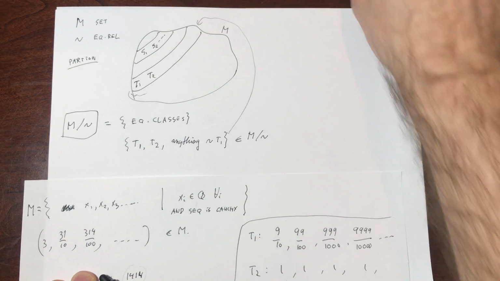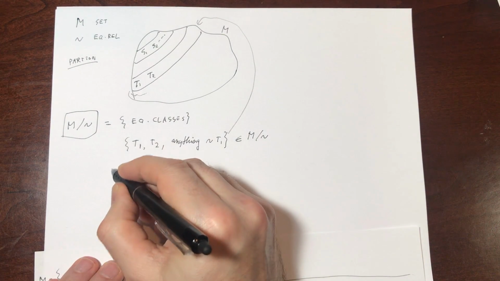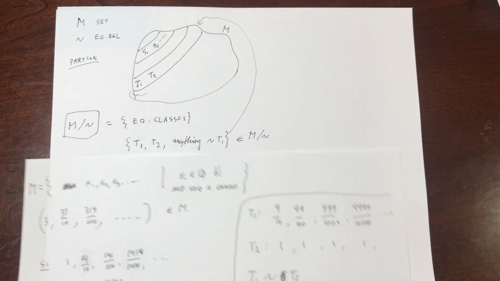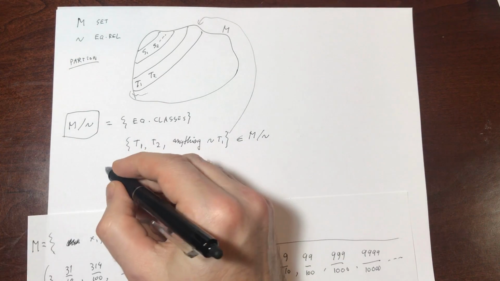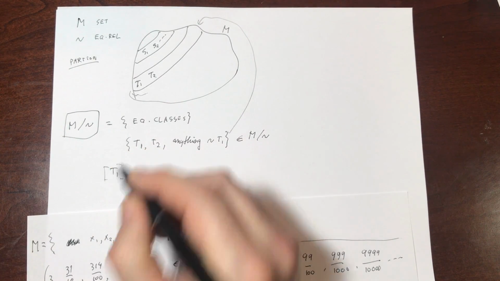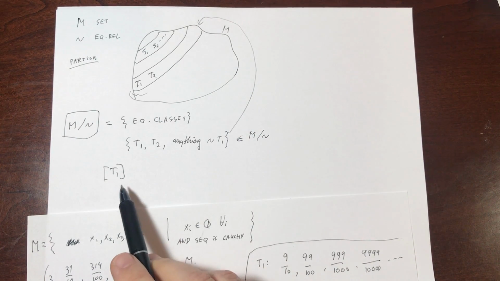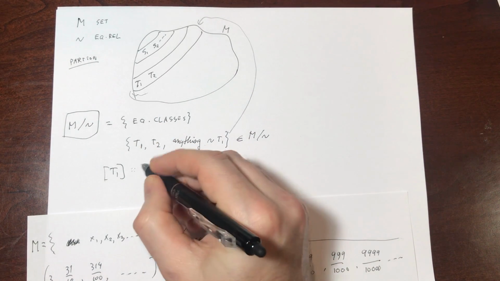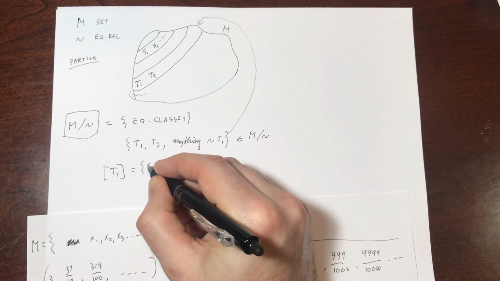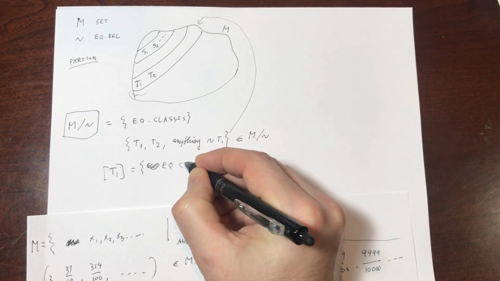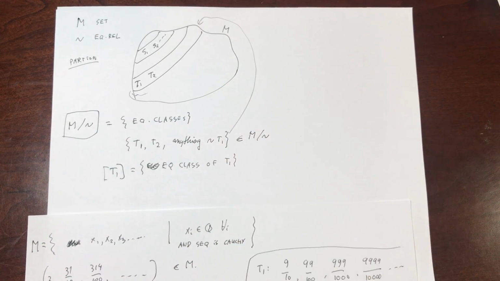Okay, and now we'll use some notation. If I write a Cauchy sequence like this sequence, and I write these square brackets around it, that means the equivalence class that contains this guy. So this is the equivalence class of T1.